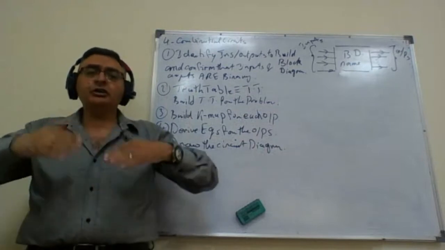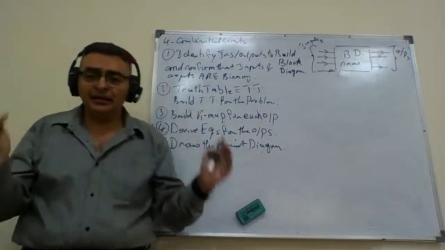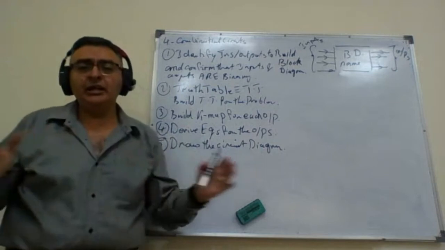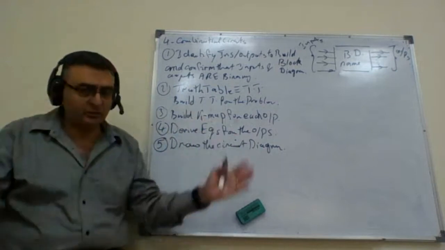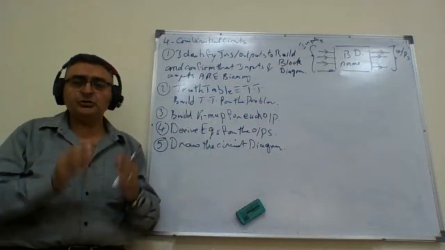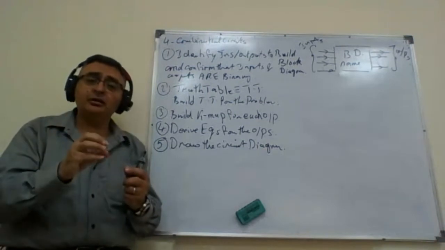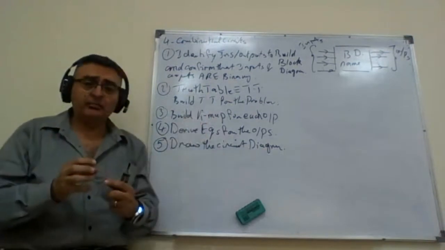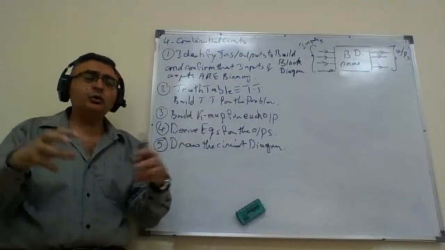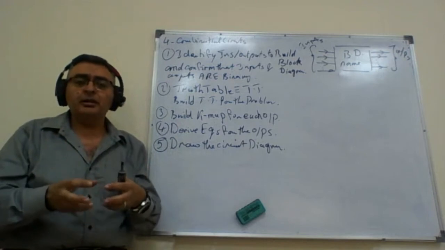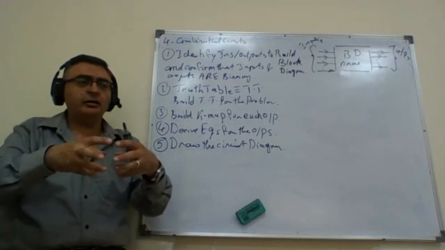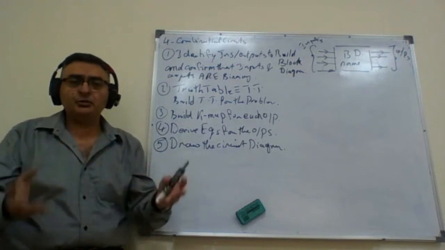So this hierarchical way of design is followed in any engineering design. You cannot build everything at once. So you start with a small basic block, which we call the block diagram, and a group of block diagrams together will build a bigger circuit or a bigger architecture, and so on.